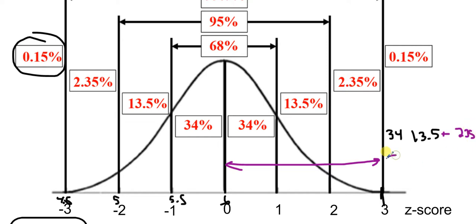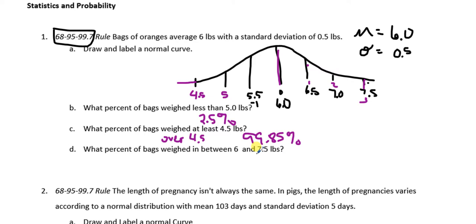Or we're at 50, because if you go from 0 all the way up, we're at 50% minus 0.15%. So our answer on the practice test for this one would be 49.85%.